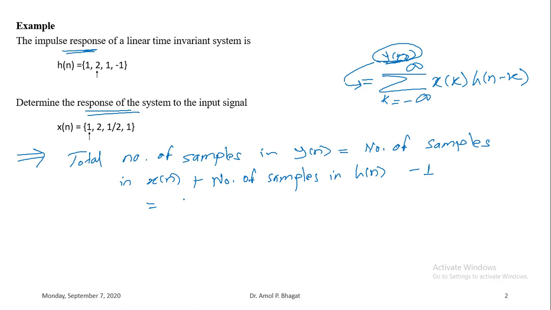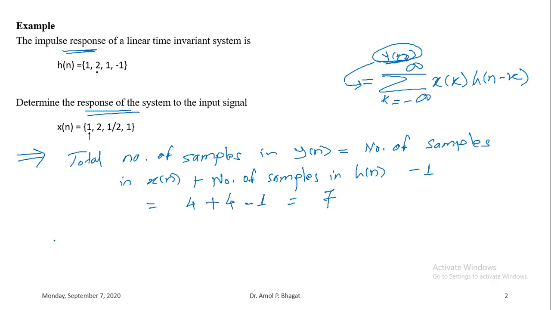There are 4 samples in x of n, similarly 4 samples in h of n, minus 1, so there will be a total of 7 samples in y of n.